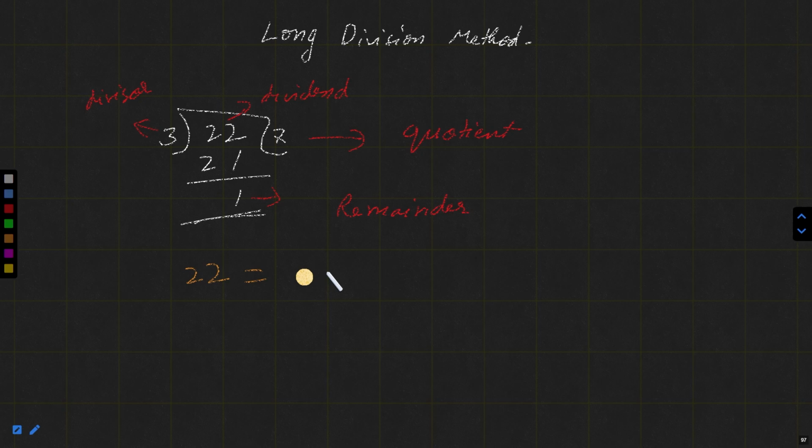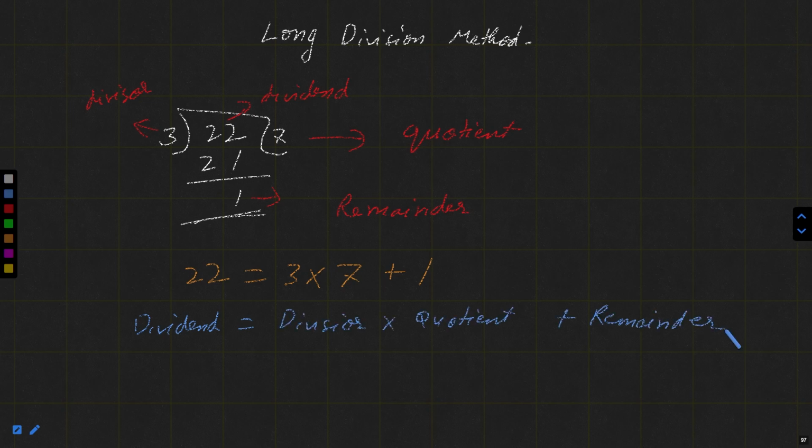In general, if you recall, the dividend equals the divisor times the quotient plus the remainder. I hope this is clear to you.